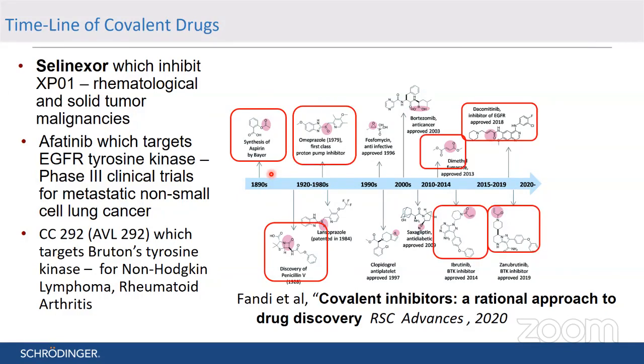The very recent approved ones are dacomitinib and other drugs, BTK inhibitors, and so on. This is a very common trend now, and the science behind getting a covalent drug molecule is totally different from molecular docking, so you need a completely different tool for it.